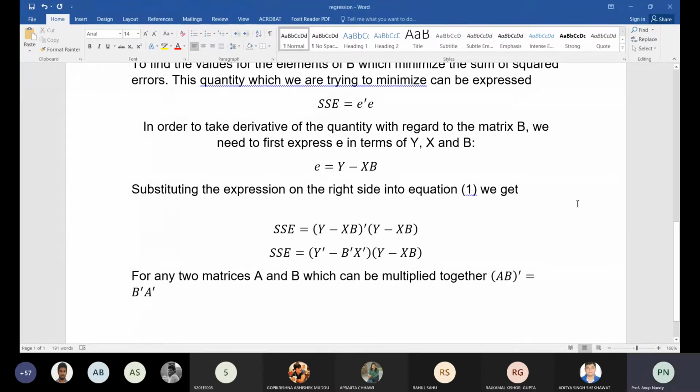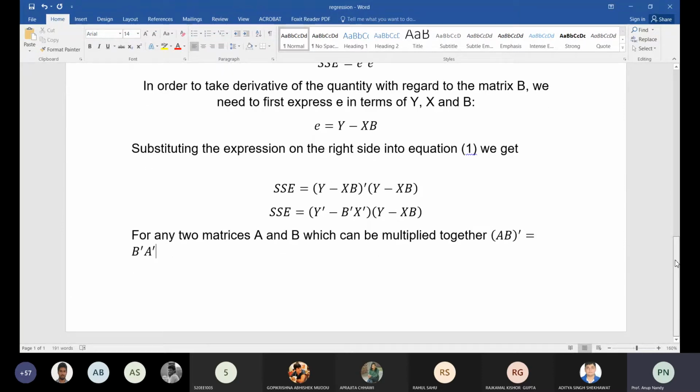These are the things: for any two matrices A and B which can be multiplied together, AB transpose is equal to B transpose A transpose. So this transposition operator on the first quantity, which is Y minus XB transpose, can be distributed over here. Okay, so this is the matrix property that we can use.